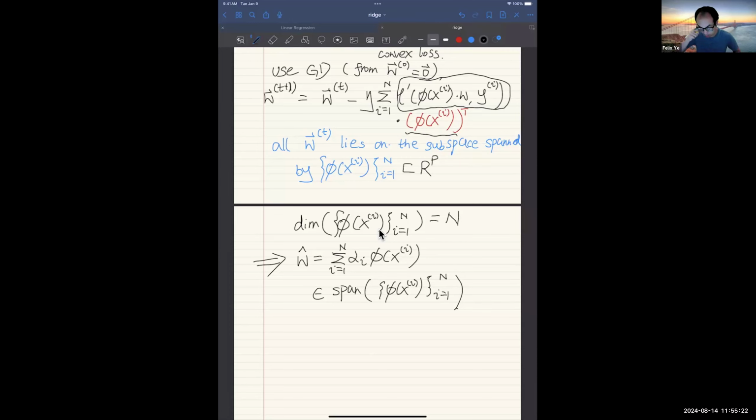That's why this whole idea is really efficient. In this kernel trick, we want to find the optimal solution by searching over all the models that can be represented by W hat in this way. All we need to do is find this optimal alpha instead of the optimal W here, because W hat lives in much higher dimensions, but my alpha here just lives in dimension n, which is significantly smaller.